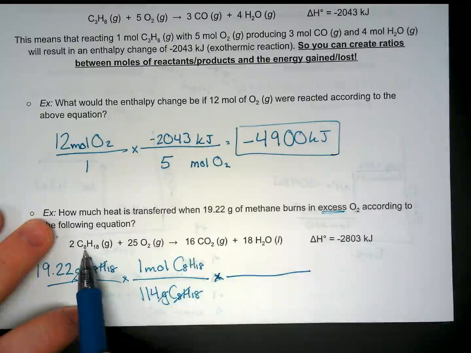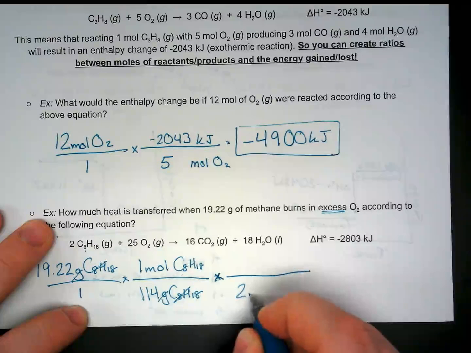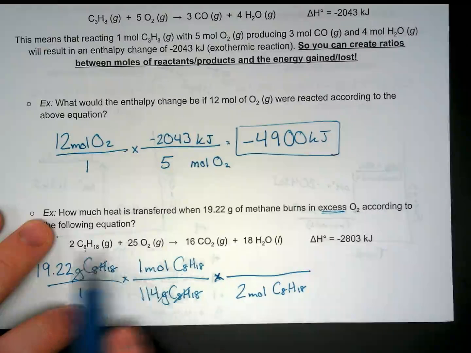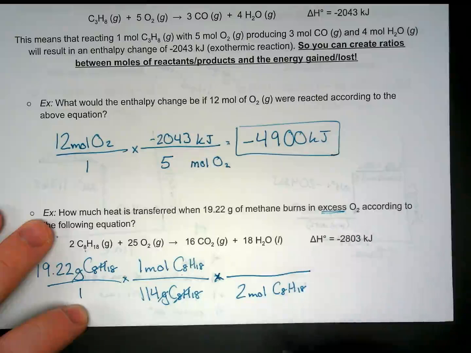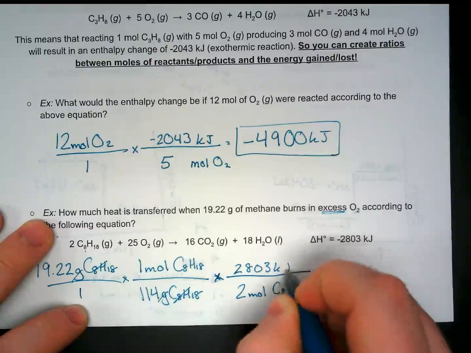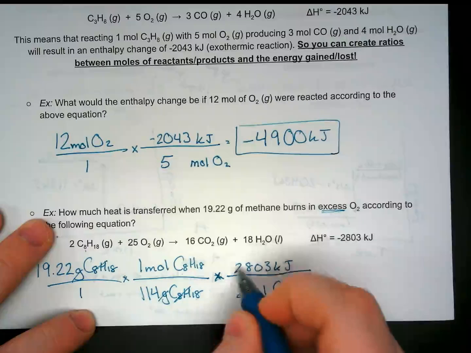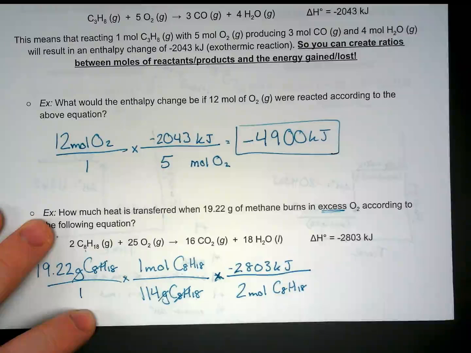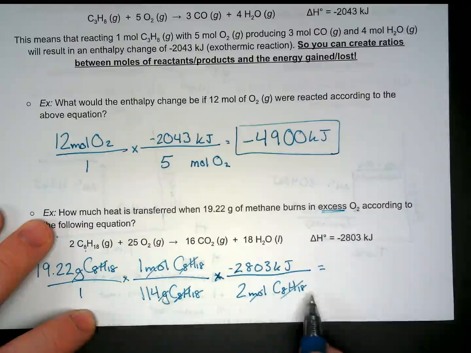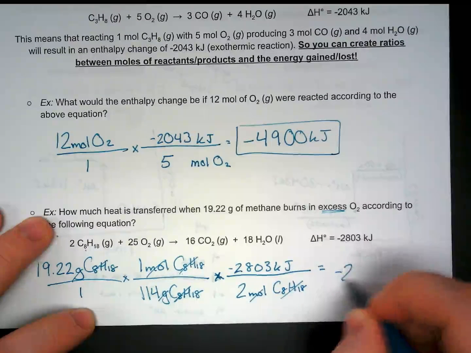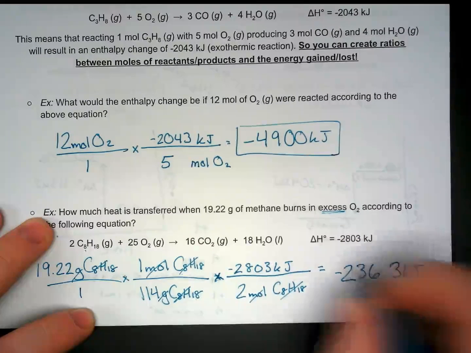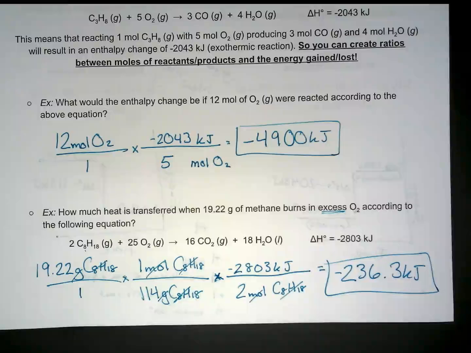In this case, it looks like we have 2 moles of methane in our reaction, and when we have a proportional amount, we expect 2,803 kilojoules to be lost, a negative 2,803. So moles cancel out, methane cancels out, and then we put all this together, and keeping sig figs, we'll have a negative 236.3 kilojoules worth of energy lost in the system.